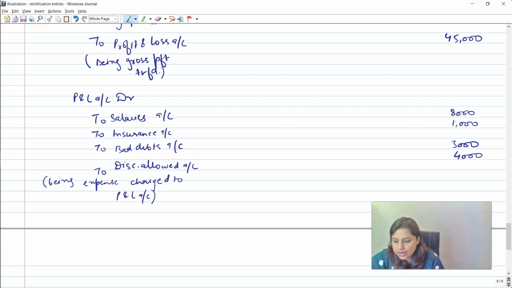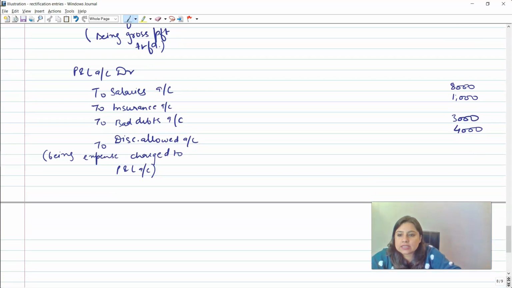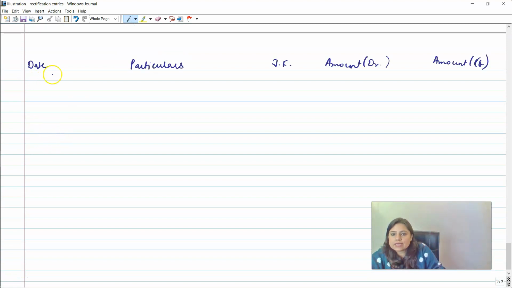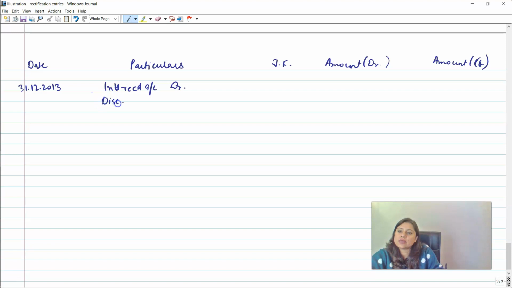Alright, now we are left with interest received and discount received, and such entries would be credited to the P&L account. So the next entry that we have is of the interest received and discount received, which would be credited to the P&L account. The same date, which would be 31st 12 2013. So the interest received account debit, and then we have the discount received account. This discount is something which we have received from the suppliers.